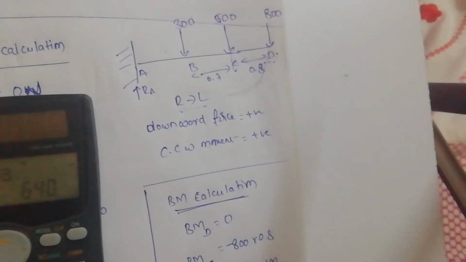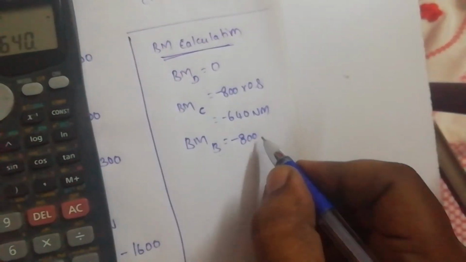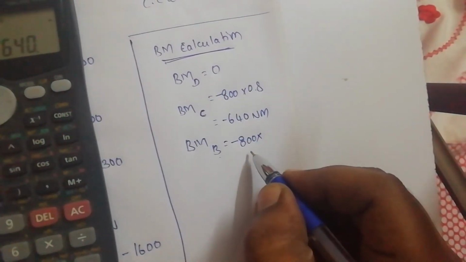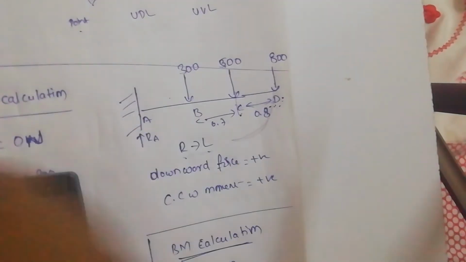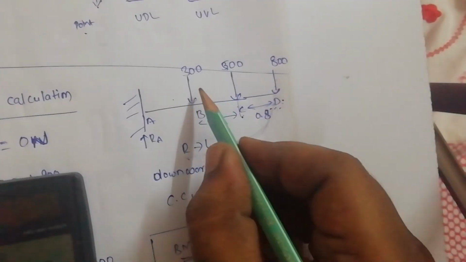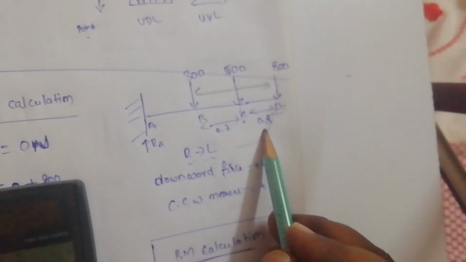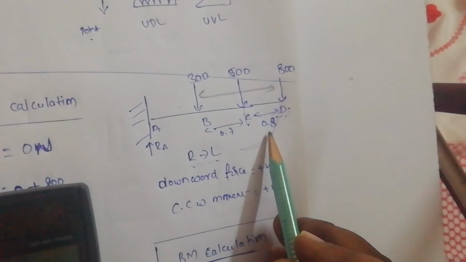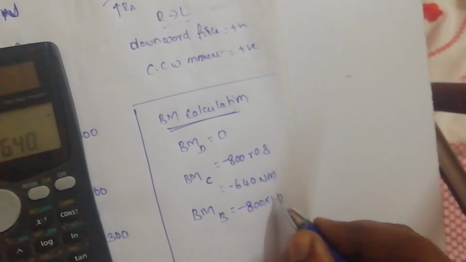Since this tries to rotate in clockwise, it is minus 800 into the distance from 800 to point B. From 800 to point B, you have to consider the total distance, that is nothing but 0.8 plus 0.7. So what will be the value? The value is 1.5.